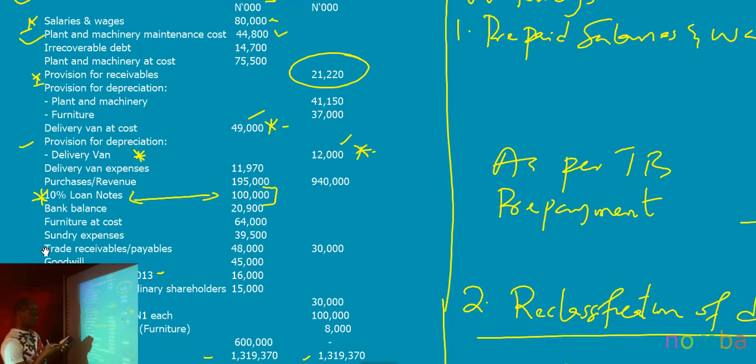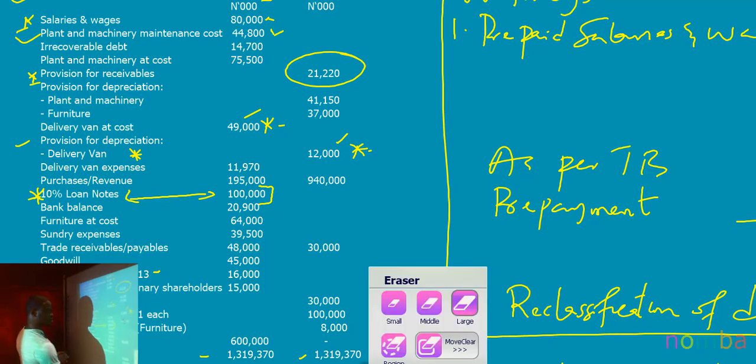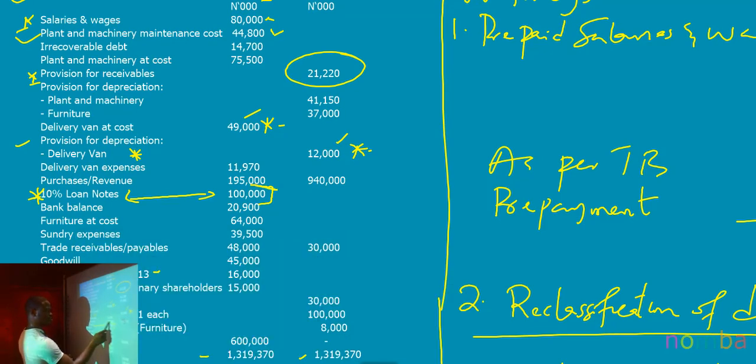Plus 30,000 plus 30,000 plus 100,000 plus 8,000. See, it's not balanced. What I got is 1,219,370. That means this 10% loan note that was placed on the debit side should be on the credit side.